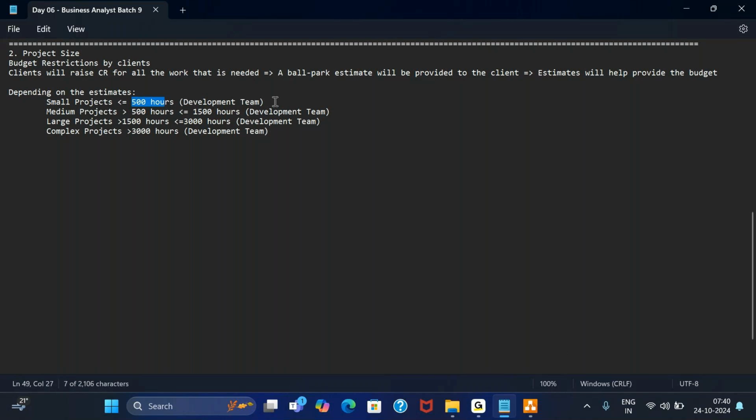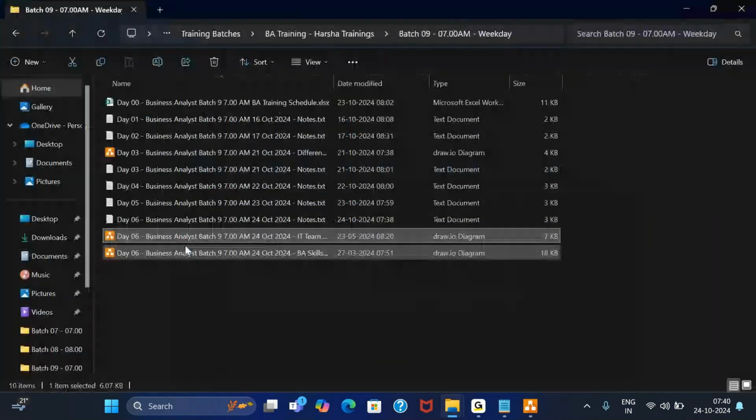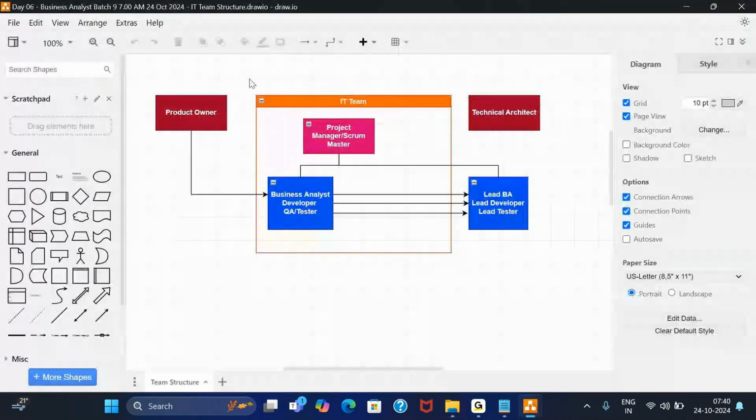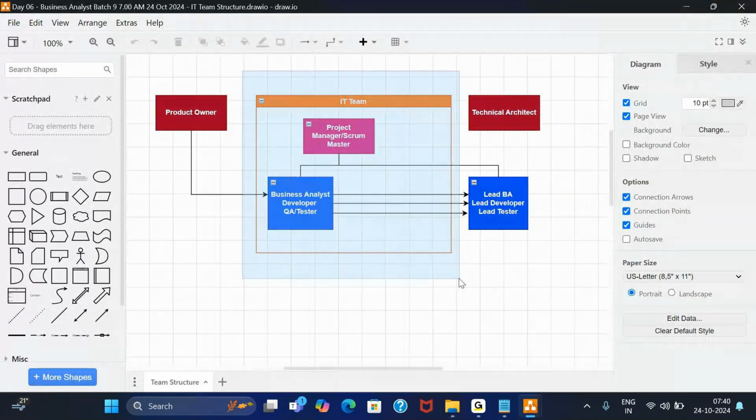So generally, the idea is that the development team alone will be able to handle the work. Okay. So if I talk about my development team alone, any small work can be handled by my team directly.